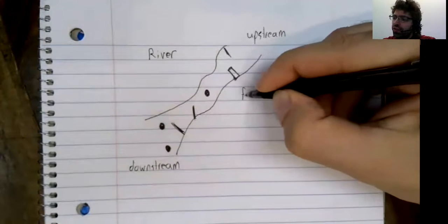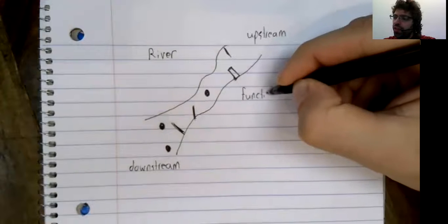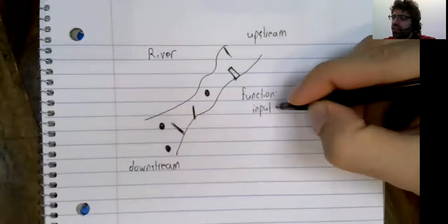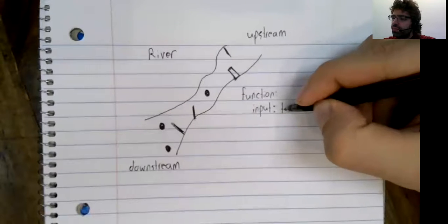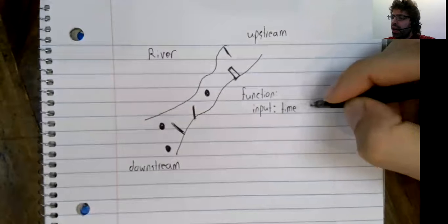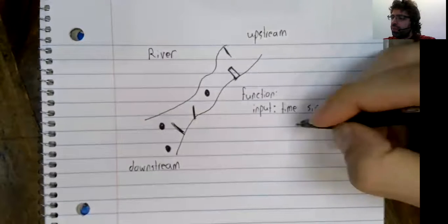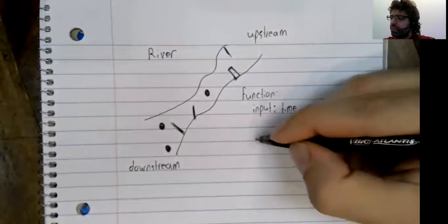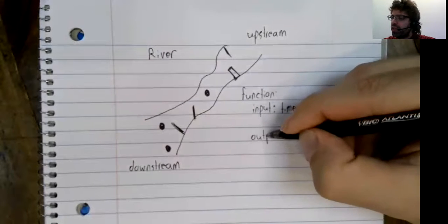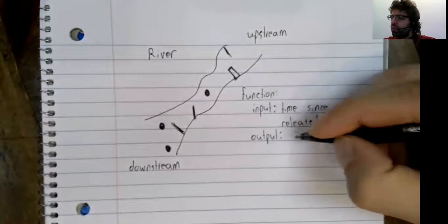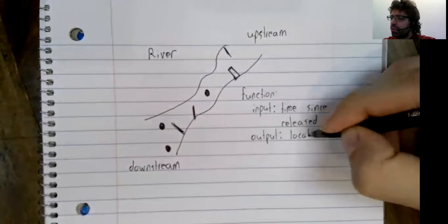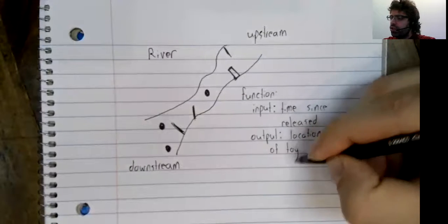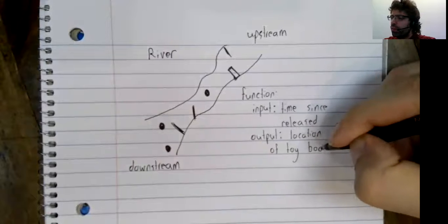And you want to define a function that takes as its input the amount of time since the boat was released and gives as its output the location of the toy boat.